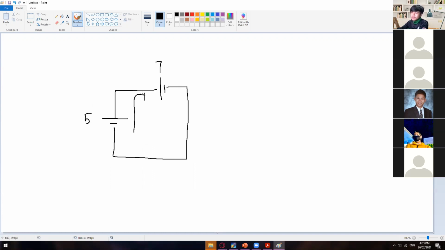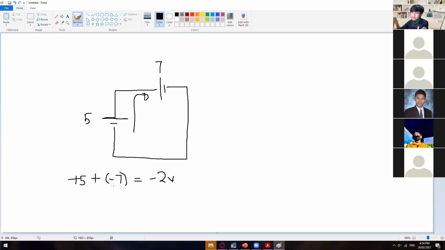Again, we have this polarity. As you can see, we have positive 5 here, since I am basing it on where it's going out with our voltage source. Here it will go out on the negative sign, so we'll have plus minus 7. In that case, you'll have a total voltage source of negative 2 volts.